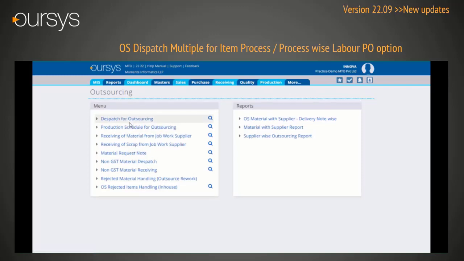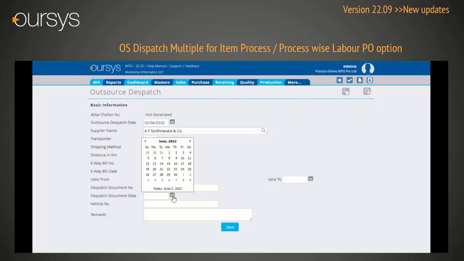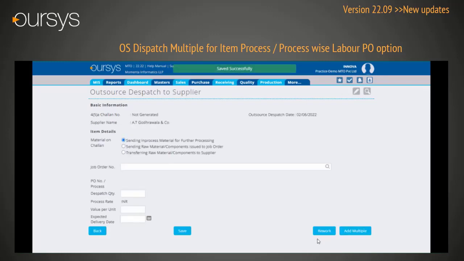Under the dispatch OS registration, you will see an add multiple button. Just click on that.